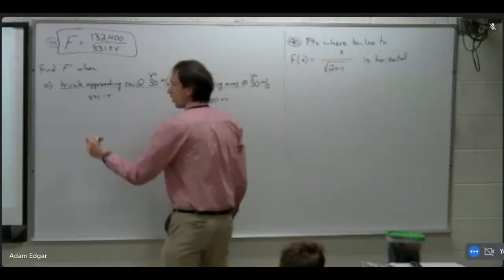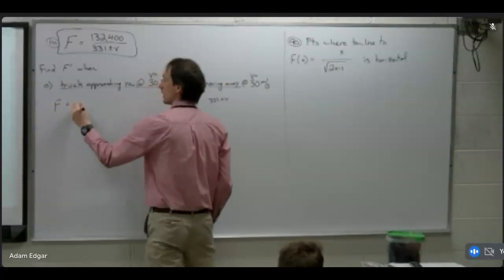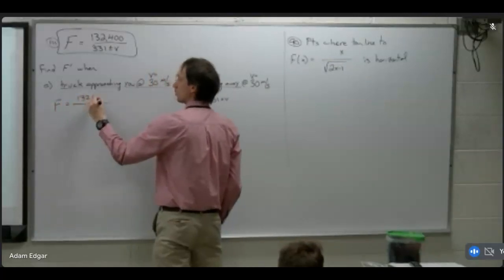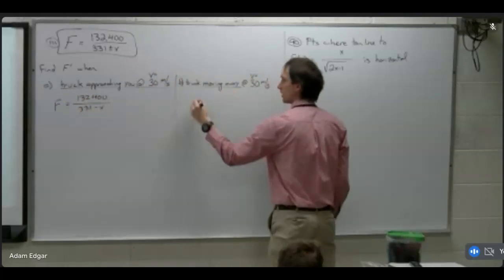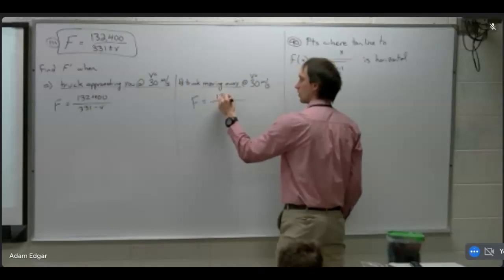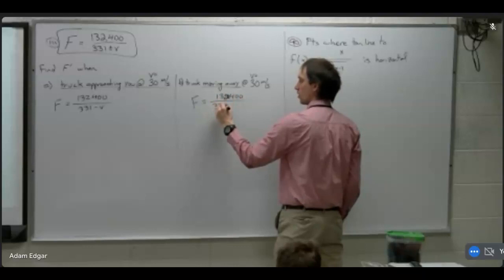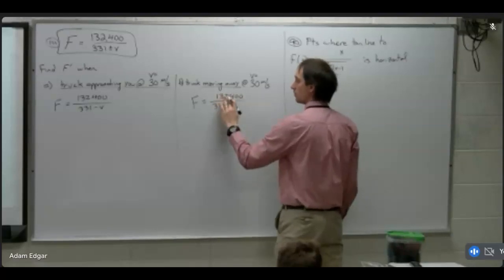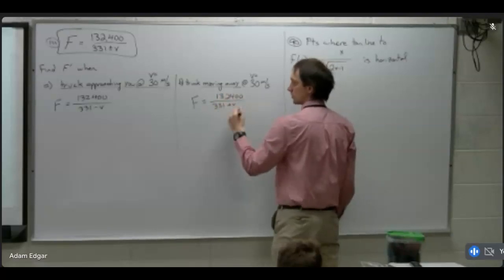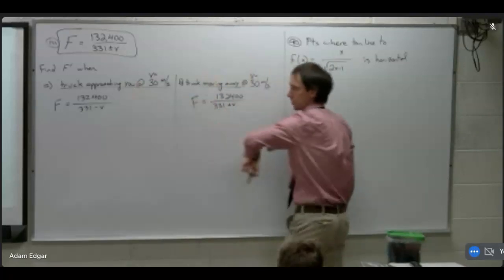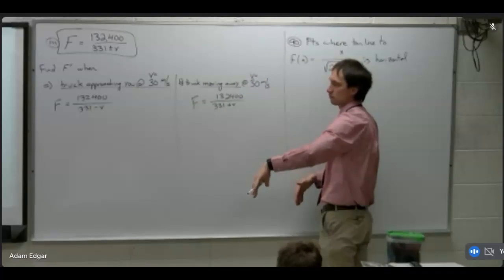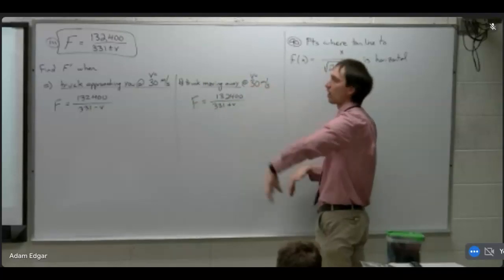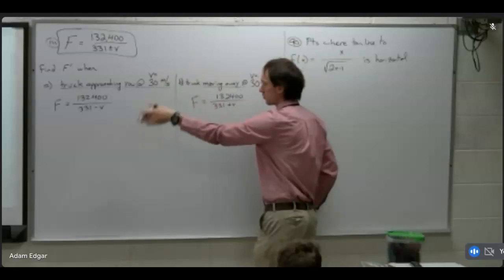So for this one, you're using f equals 132,400 over 331 minus V. And over here, you're using f equals 132,400 over 331 plus V. Once you say which equation you're using, what rule do we have to use to differentiate? Quotient rule. So you use your quotient rule, get f prime, and then plug 30 directly in for v in your results.